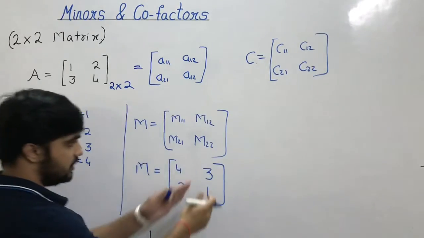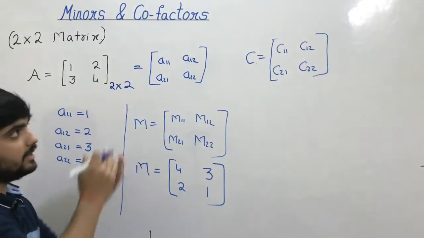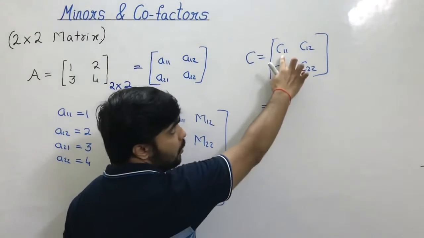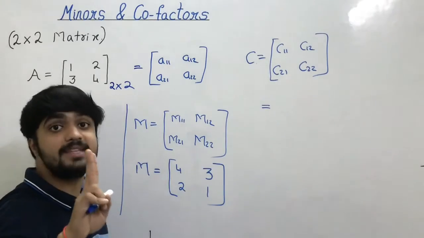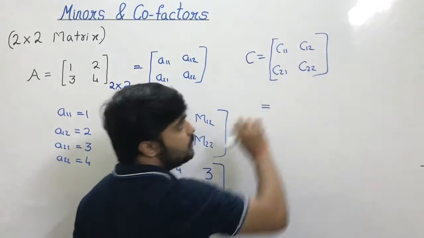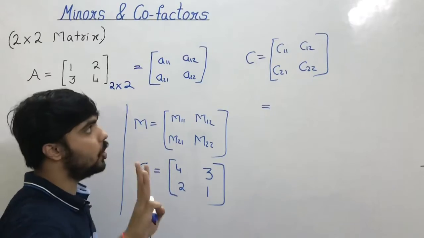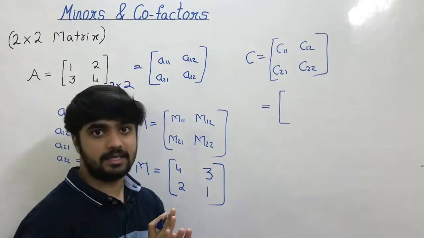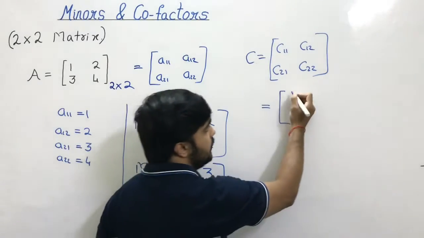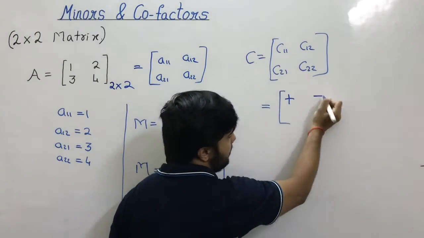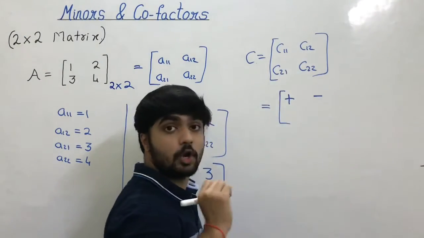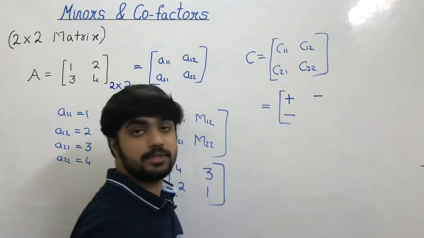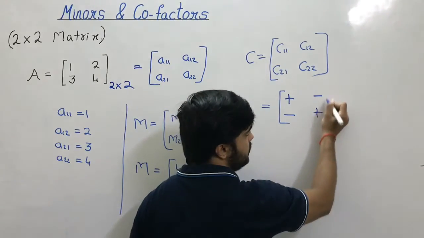We just have to change the sign, then we'll directly get the cofactor matrix. 1 plus 1 is 2, 2 means even, and 1 plus 2 is 3, 3 means odd. At an even position we do not change any sign, so it is positive. So 1 1 is plus, 1 2 is minus. For 2 1, 2 plus 1 is 3, so it is minus, and 2 plus 2 is 4, that is an even number, so plus.